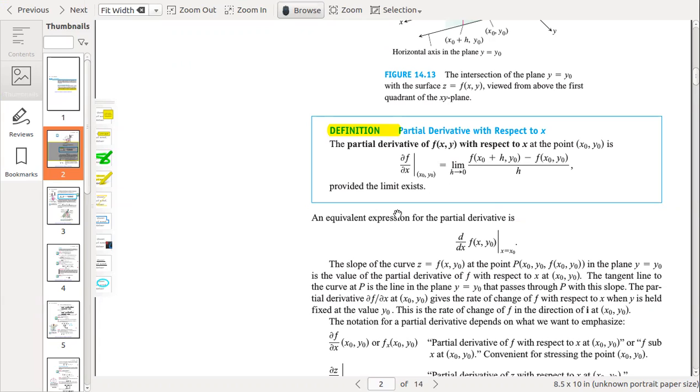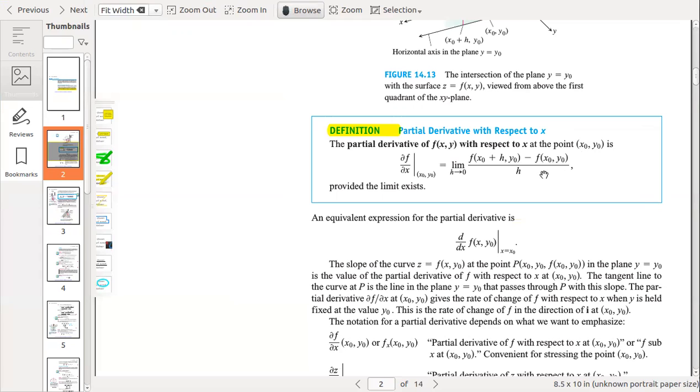So it means there are 2 points in the range. One point is a fixed point, which is called x naught, y naught, and the corresponding point in the range is f of x naught, y naught.